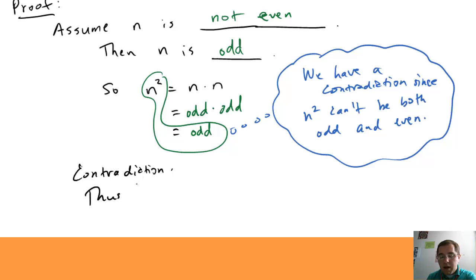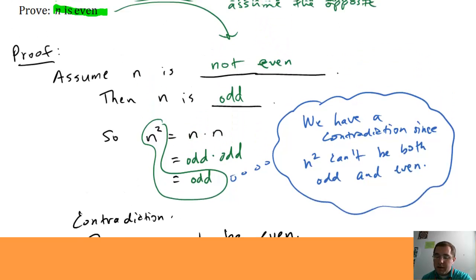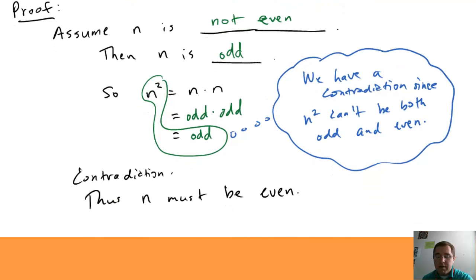Thus our assumption must be wrong. So n must be even. Since we had assumed it was not even and found a problem with that scenario, then it must be that n is even, because that's the opposite of being not even. And that is what we wanted to prove, that n was even. So we got it in an indirect way by showing that it could not be odd. And if it's not odd, then it has to be even.